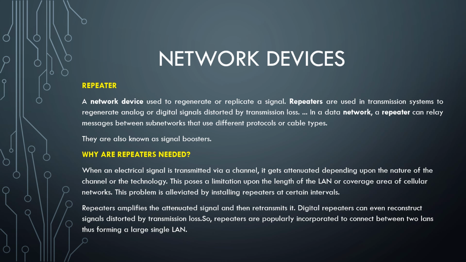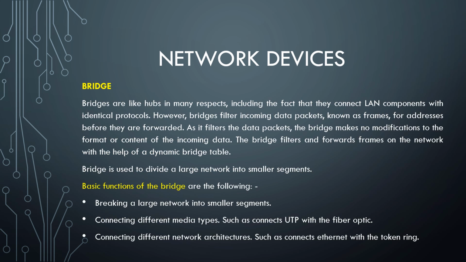Okay, then next we have the bridge. When we talk about bridges, basically it is used to connect two networks together, or two segments of a network. So if we want to send information from one segment, meaning one network, to another network, then in between we use a bridge.